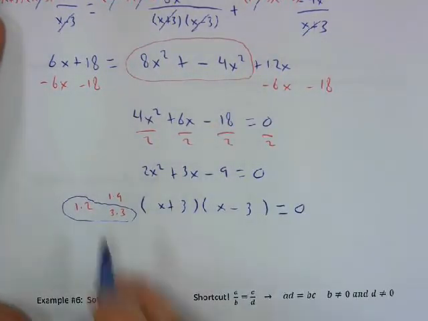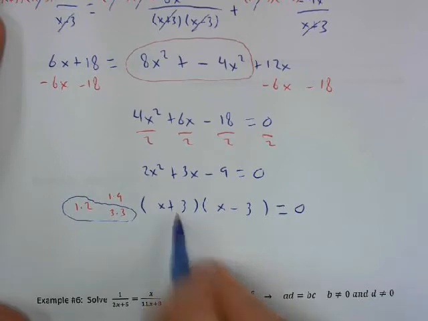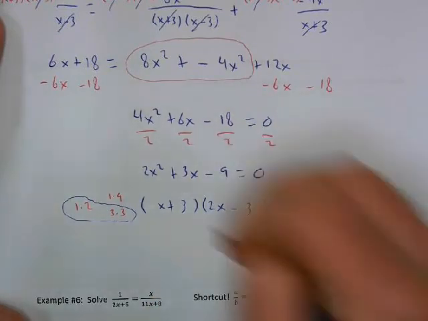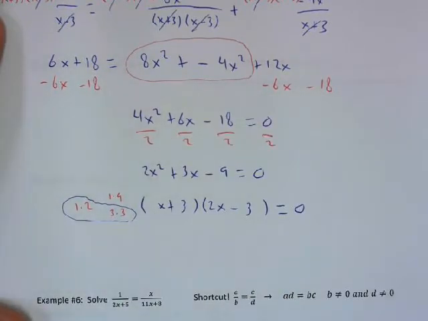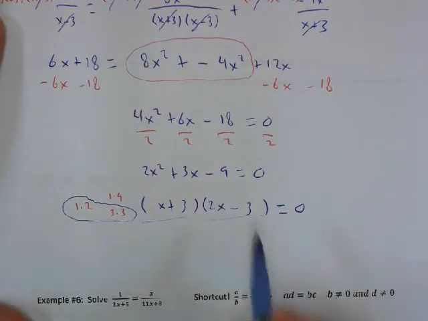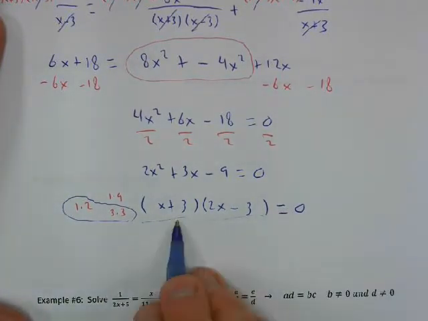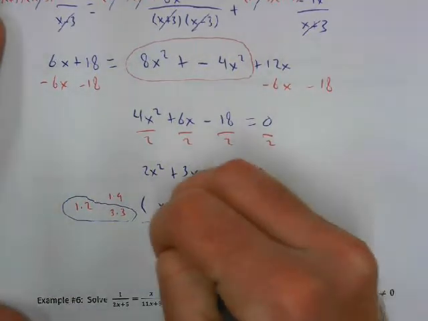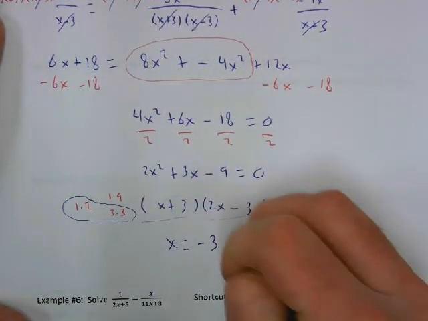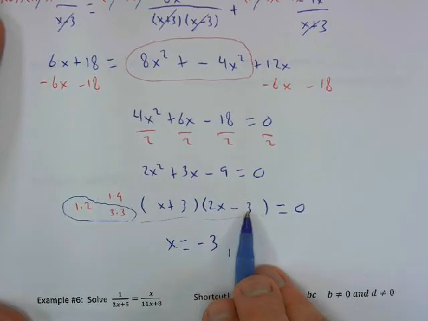And then I want to multiply the 2 with the positive 3. Since the positive 3 is on the inside, the 2 needs to be on the inside, and the 1 would go there, which we don't need to write. So anyways, now we have our factors. And then our answer is going to come from the values of x that make these factors come out 0. So when are these two factors going to equal 0? When x is negative 3, and when x is, this would be positive 3 over 2.